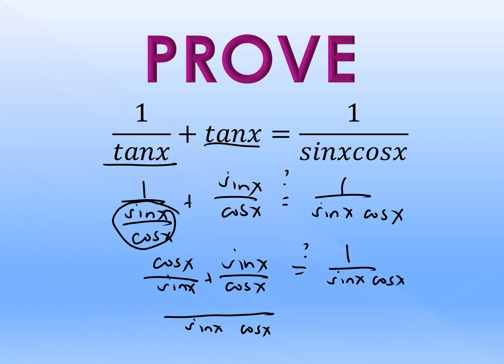Sine x cos x divided by sine x, cancel sine x, the answer is cos x. Times cos x, we have cos squared x. Sine x cos x divided by cos x, we're going to cancel cos x, the answer is sine x. Times sine x, we have sine squared x is equal to this one.